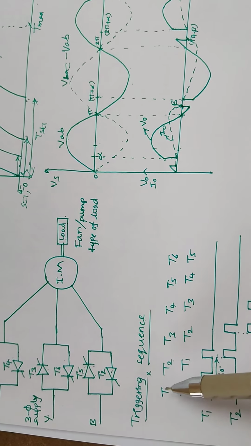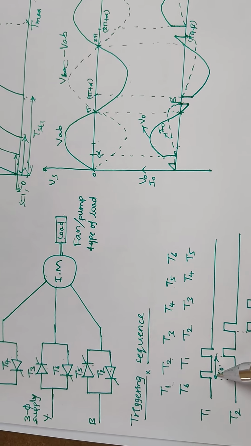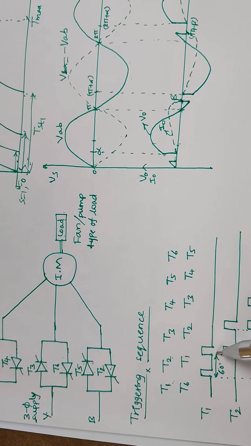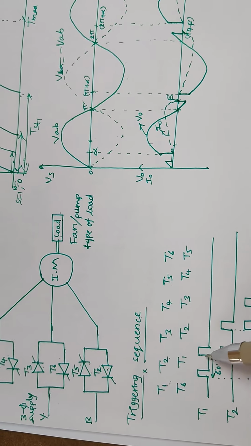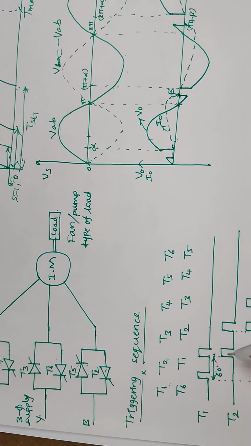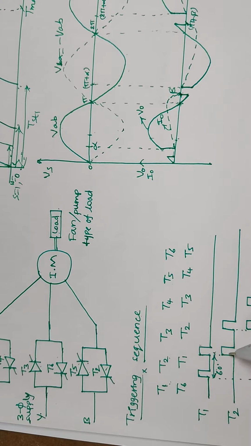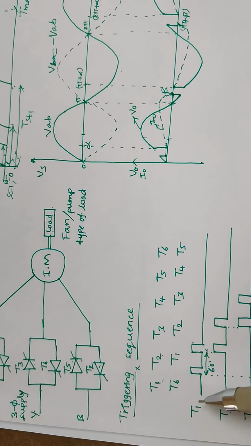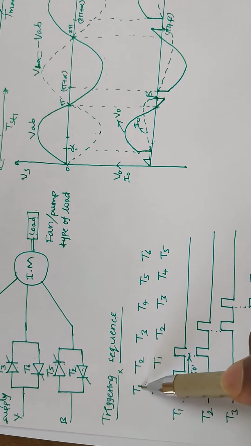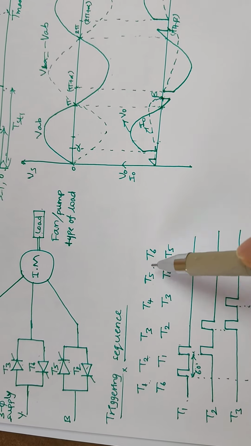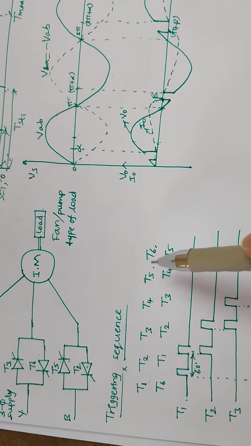For example, if we provide the T1 firing pulse at 60 degrees, the next firing pulse is provided in combination with the T2 switch after 60 degrees. For example, this is the pulse sequence: T1, T2, T3, T4, T5, T6 are turned on in this way.